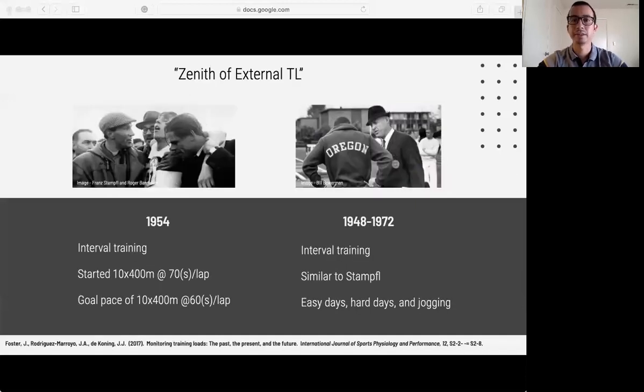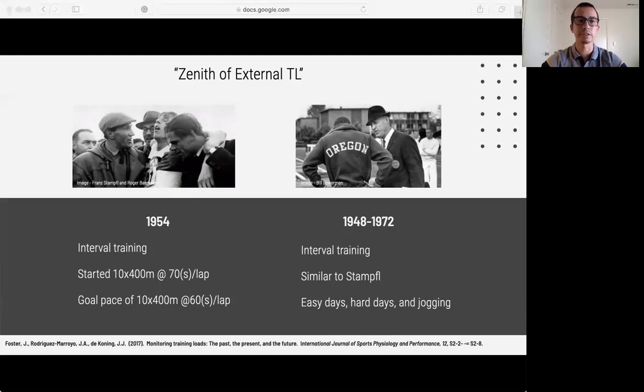In the 1950s, we started to see more interval training being utilized by coaches. We have Franz Stampfl working with Roger Bannister, who broke the 4-minute mile barrier, utilizing interval training. They would start their training with a 10 by 400 meters with a pace of 70 seconds per lap. Now they had the goal pace of 60 seconds per lap for that 10 by 400 as well.